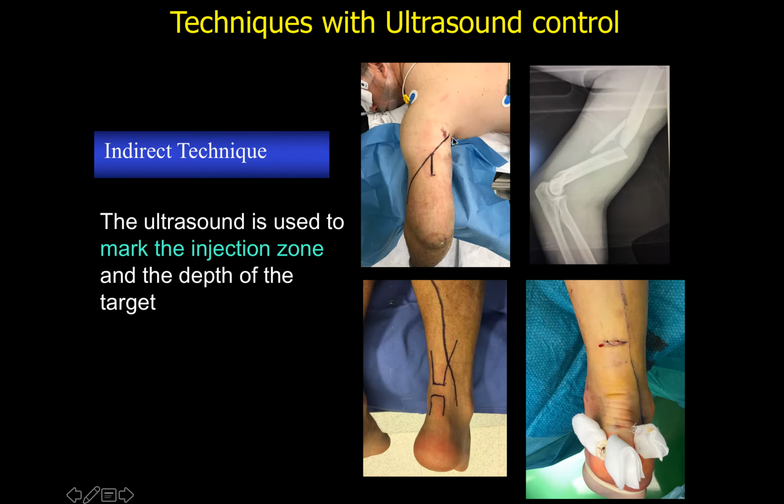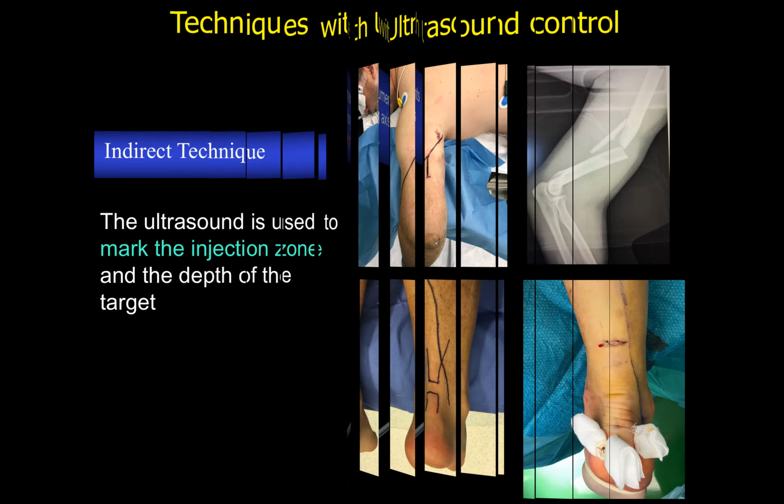Another case, in case of Achilles tendon rupture, we have marked the rupture, we have marked the sural nerve, and we mark also over the rupture the point of entry of our percutaneous suture. As we see, we can plan the operation on the skin with the use of ultrasound in the planning.